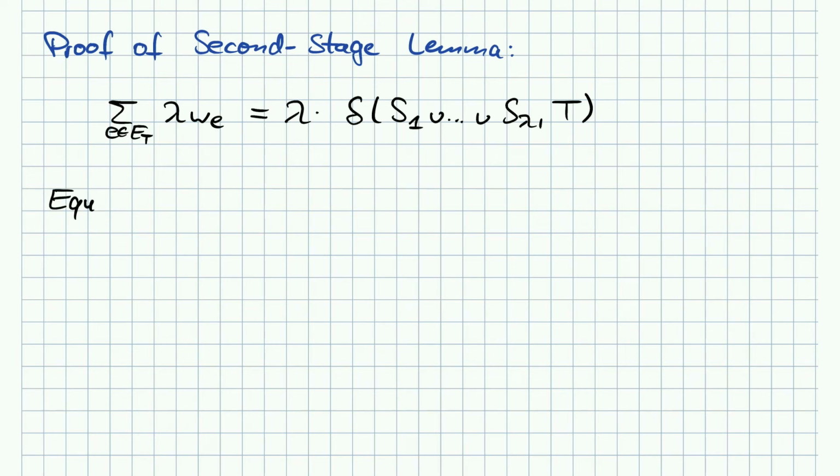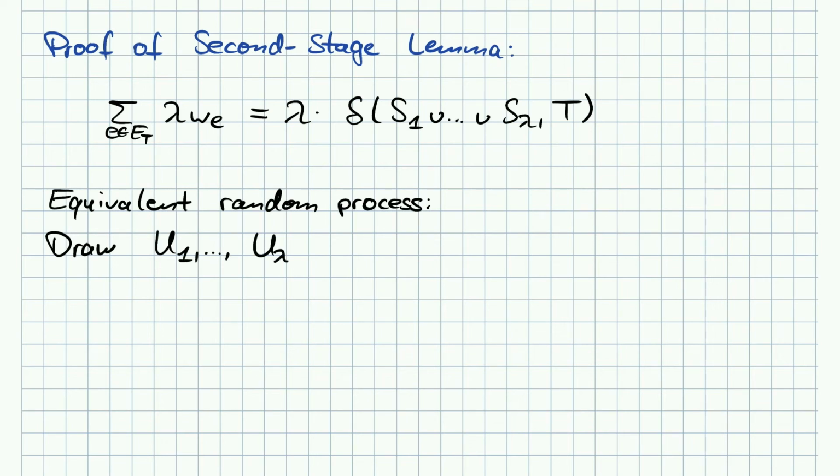So we'll consider the following equivalent random process. What we'll do is we'll draw U1 through U lambda plus 1 from the distribution.